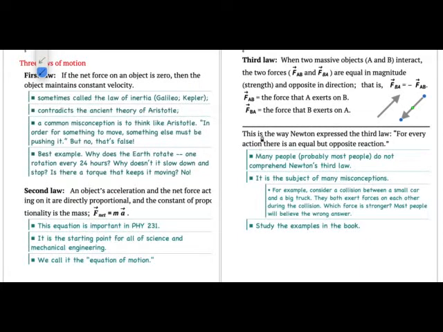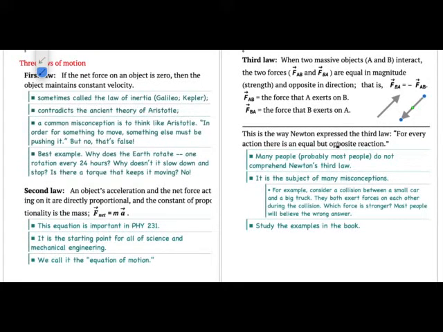Now, this is the way that Newton expressed the third law. Everyone knows this sentence. Everybody, probably in the entire world, knows: for every action, there's an equal but opposite reaction. That's the way Newton wrote the statement of the third law. Everybody knows that statement.